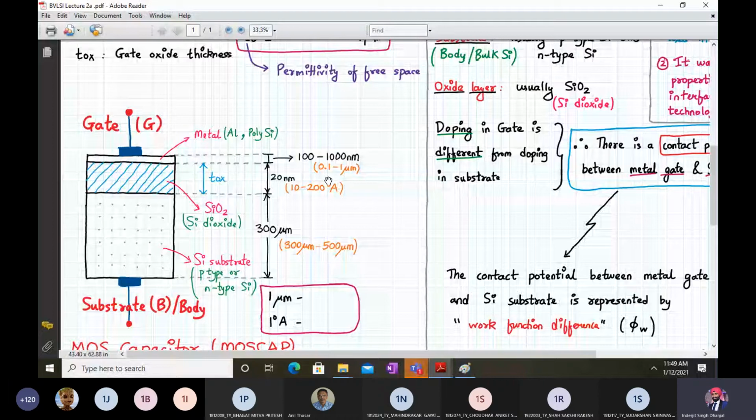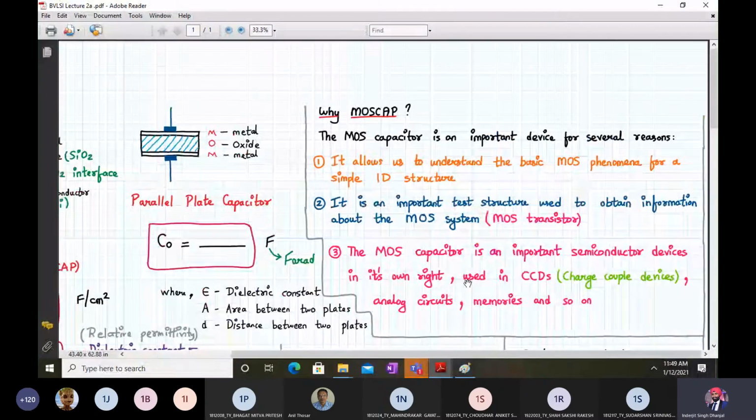Now, let us go to the key question: why study this MOS capacitor? The MOS capacitor is an important device for several reasons. I'll read out only the second and the third point. Studying MOS capacitor is important because it is a test structure used to obtain useful information about the MOS, particularly a MOS transistor.